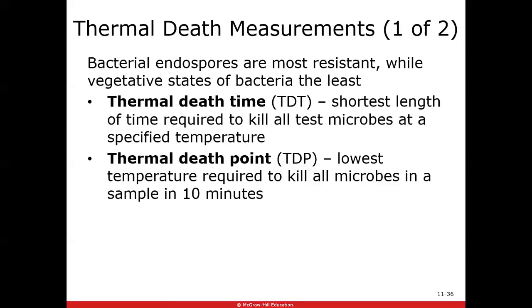Thermal death point is the lowest temperature required to kill all microbes in a sample in 10 minutes. So if in 10 minutes you want everything killed, what is the temperature? That's the thermal death point.